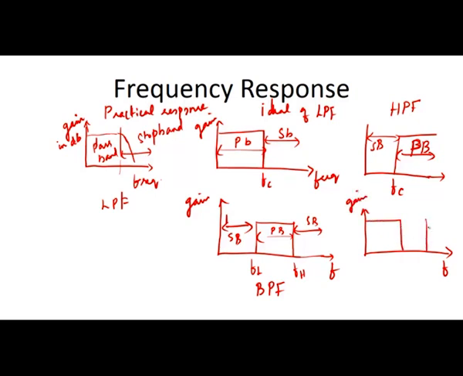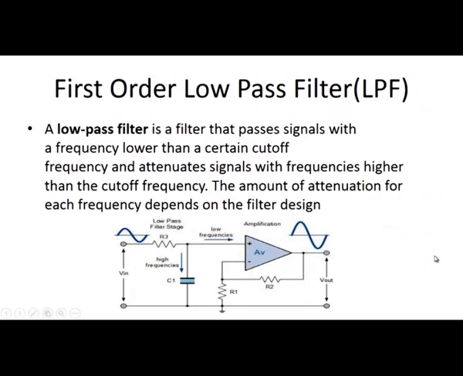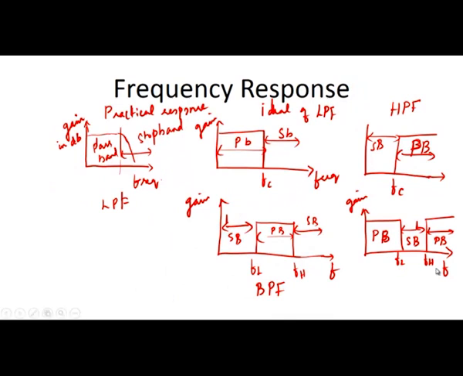Here you have the pass band, here you have the stop band, and again the pass band, with FL and FH. These are the two cutoff frequencies. FL is the lower cutoff frequency, and FH is the higher cutoff frequency.